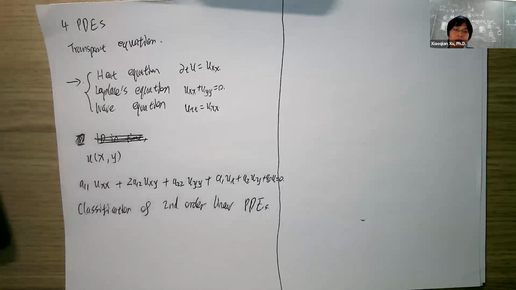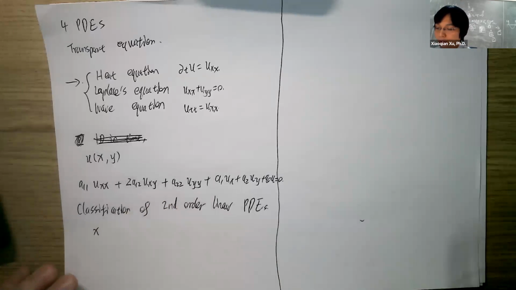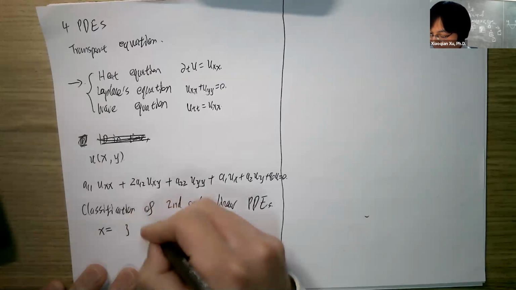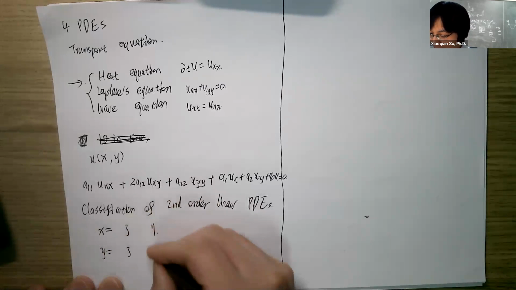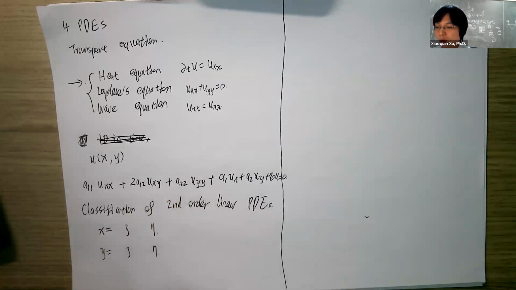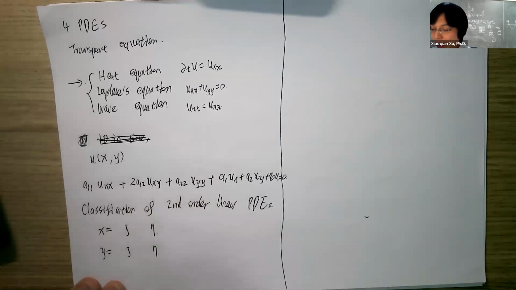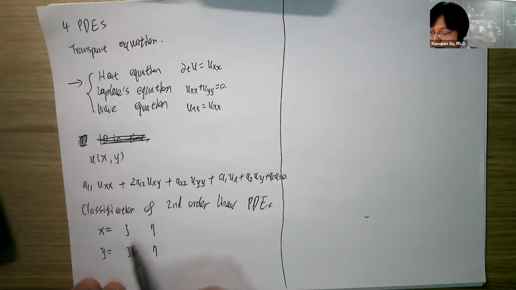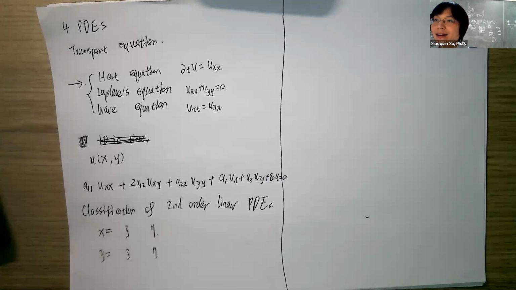Okay? So basically, what I'm going to do is set up some other variables. Set x equals to something times xi plus something times eta. Okay, y equals to something times xi plus something times eta. And then we will change our independent variables of this differential equation from x, y to xi, eta.